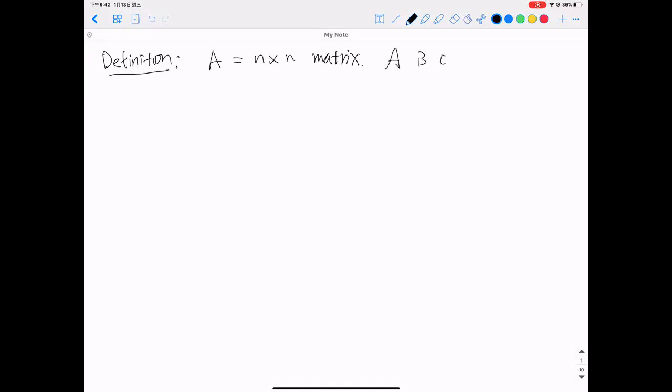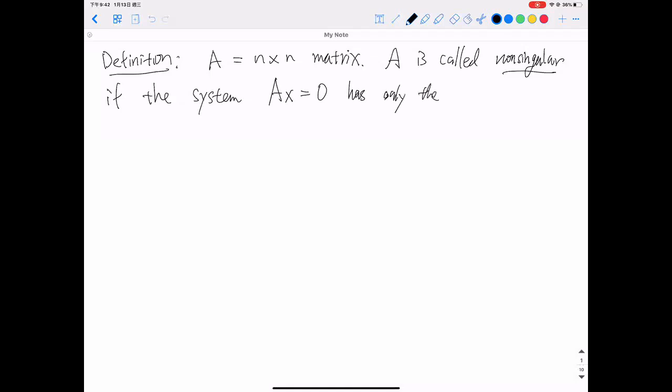A is called non-singular if the system AX equal to 0 has only the trivial solution or the zero solution.